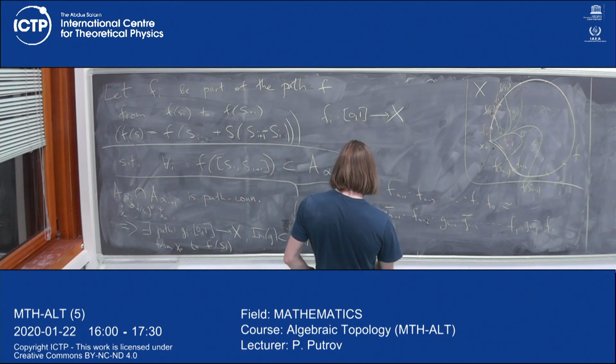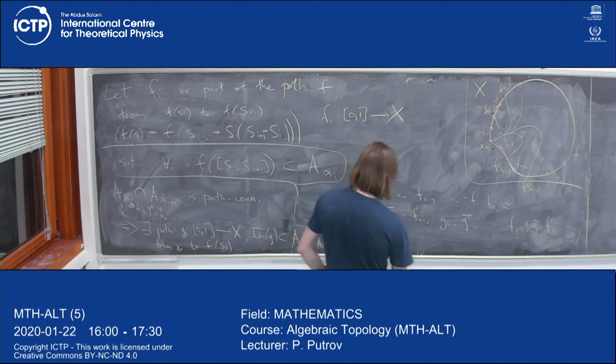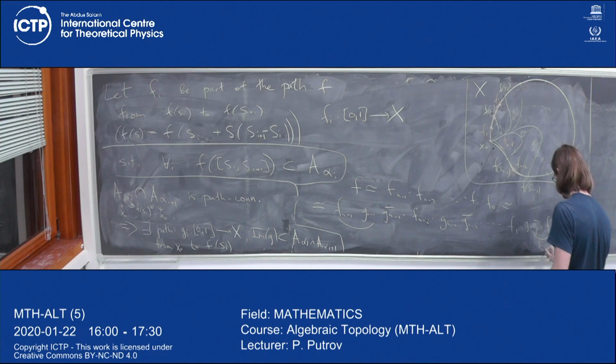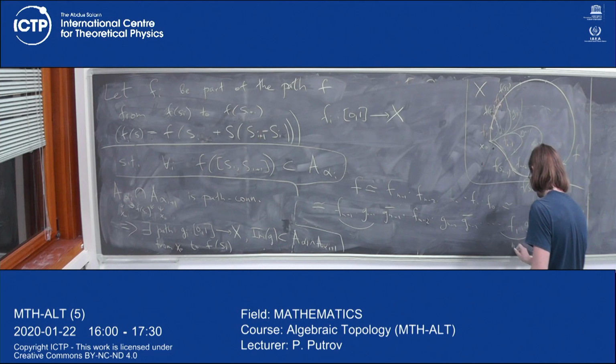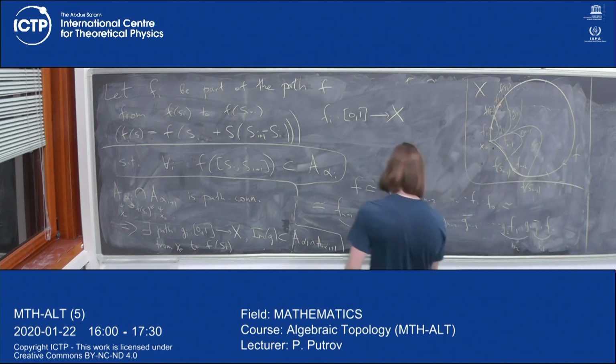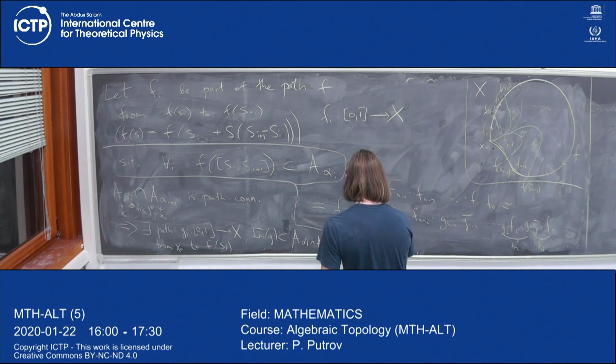Okay, now I denote this path as H1, this path G2 here as H2. So this path is Hn.